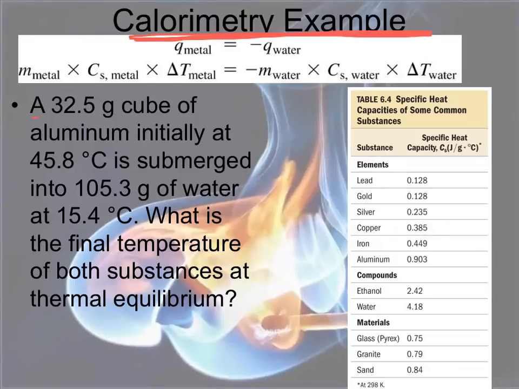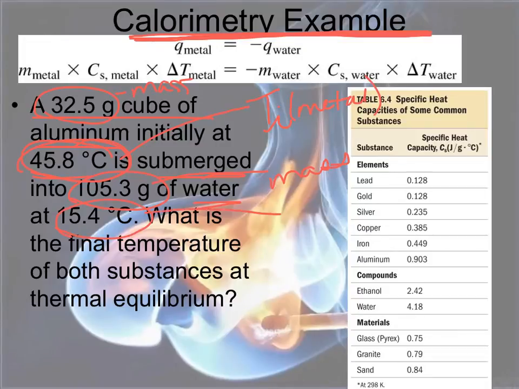So here we go. A 32.5 gram cube of aluminum metal was submerged in water. The initial temperature of the metal, T sub I, for the metal is 45.8 degrees. We have the mass of the metal, we have the mass of water, we have the initial temperature of the metal, and we have the initial temperature of the water.